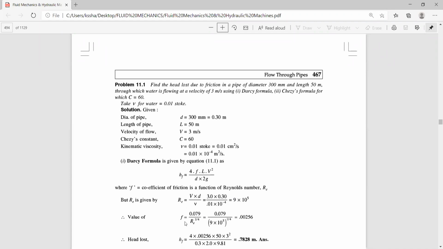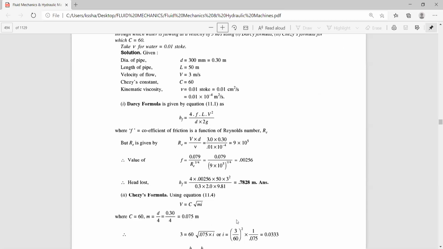Now, how will you calculate the coefficient of friction f? It is given by f equal to 0.079 divided by Re raised to 1 by 4. Re is nothing but 9 into 10 raised to 5, raised to 1 by 4. So it comes out to be 0.00256. That is your coefficient of friction value.